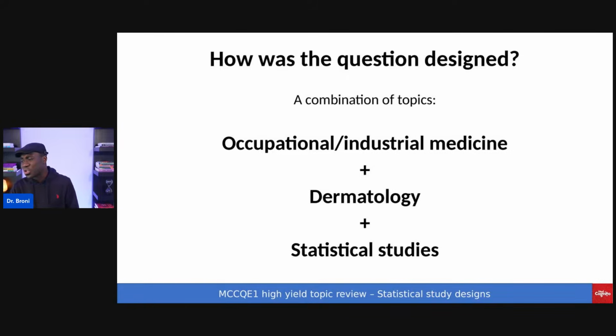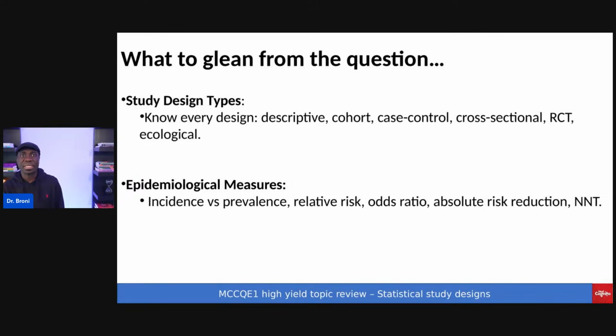So you will see that even when it comes to statistics and epidemiology, they will not just give you some statistical thing just like that. They will always couch it in medical language. That's something I want you to appreciate very well. Now, when I looked at the question, what did I glean from the way the question was set?